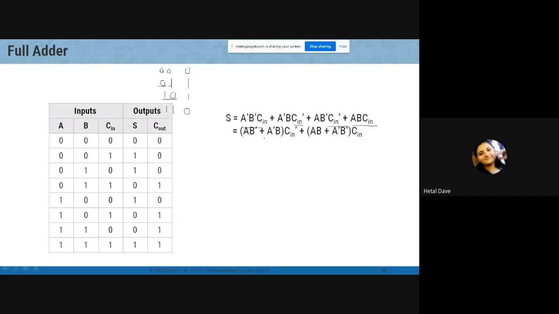So this represents XOR gate and this represents XNOR gate. So let's take, I am just writing X in place of this XOR gate. X C in bar, and here it is XNOR gate. C in. Again, what does this equation represent?